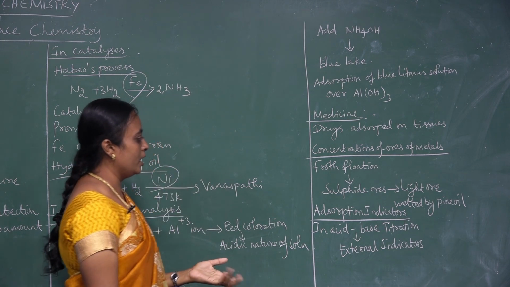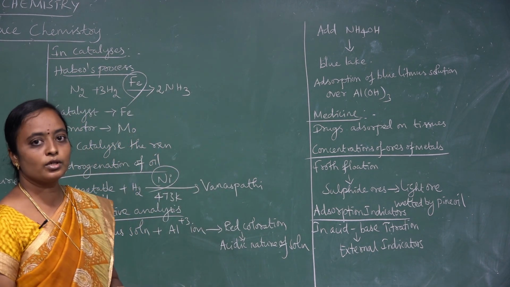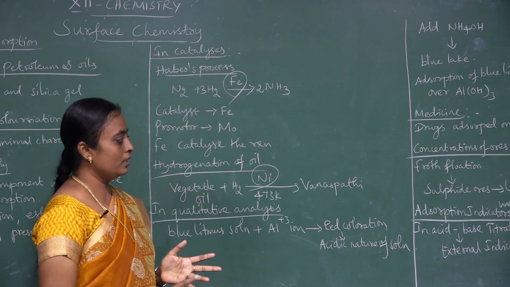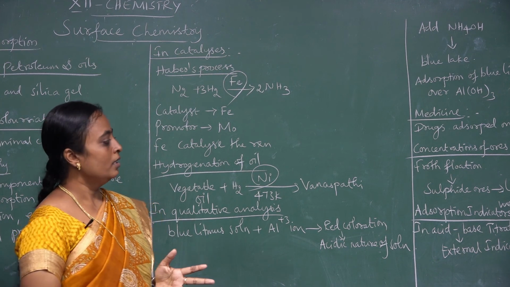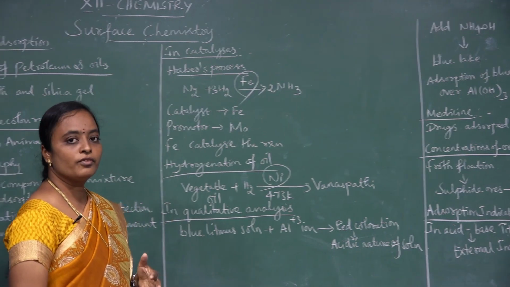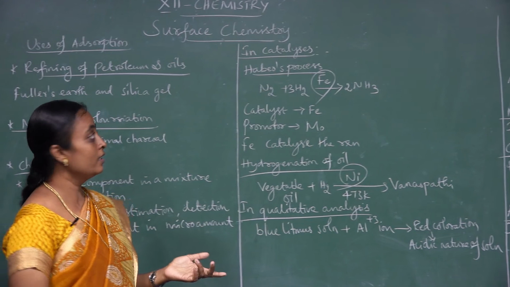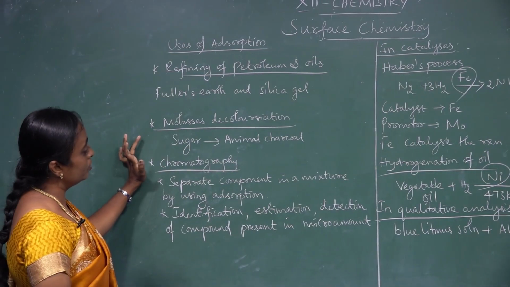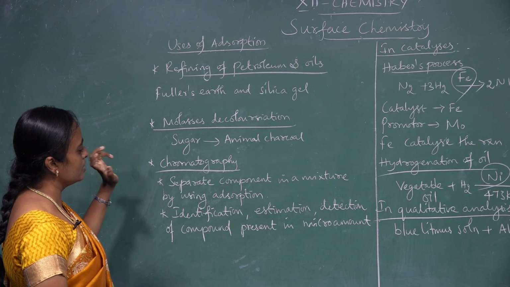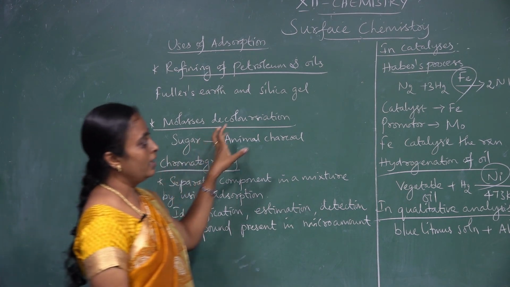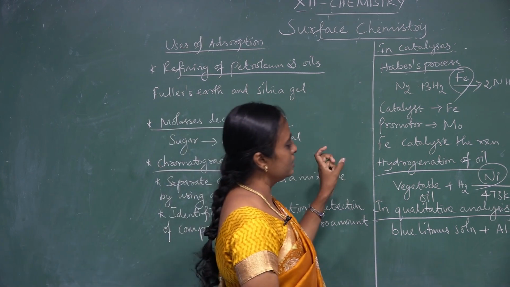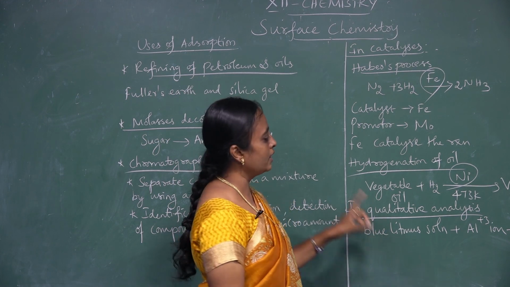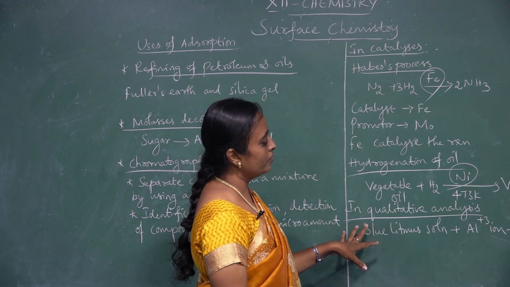So far we have covered the uses of adsorption. Adsorption is used in gas masks, making high vacuum, ion exchange resins, softening of hard water, medicine, and refining of petroleum and oils. In the same way, it is used to decolorize sugar, in chromatography, and in catalysis, where we take two processes: Haber's process and hydrogenation of oil.